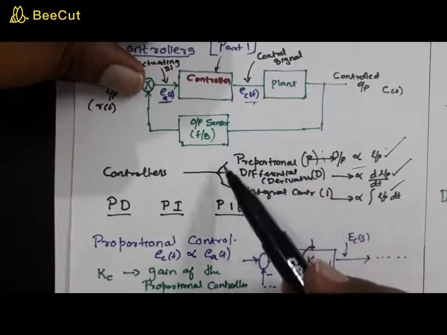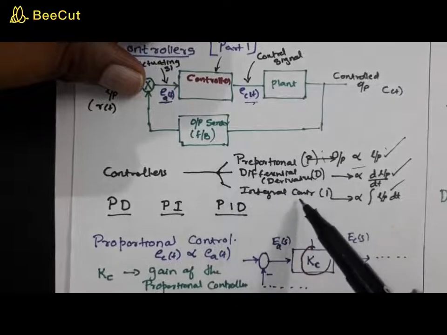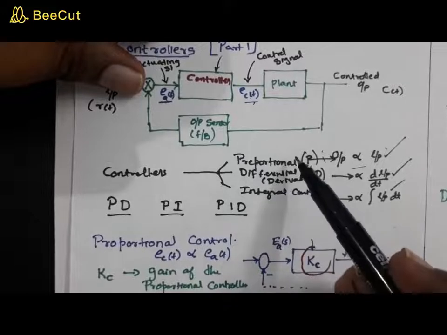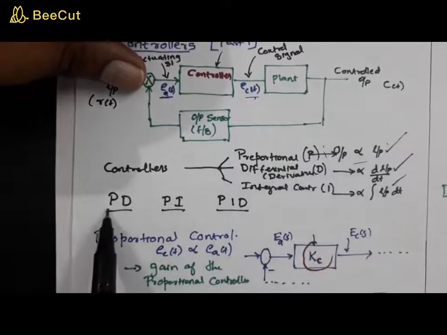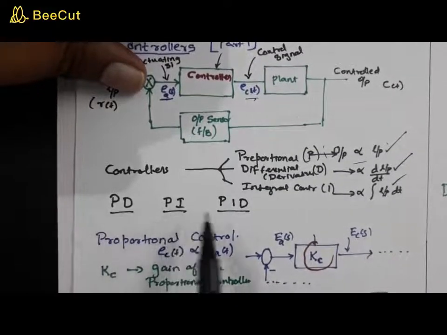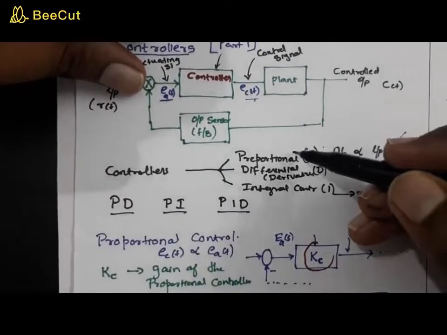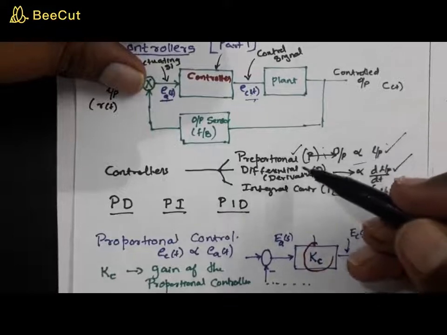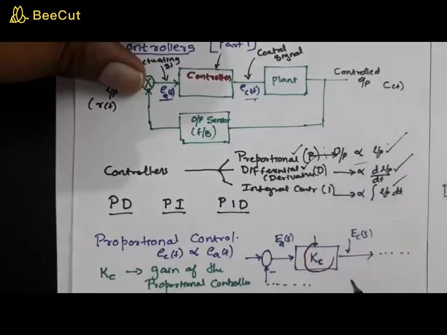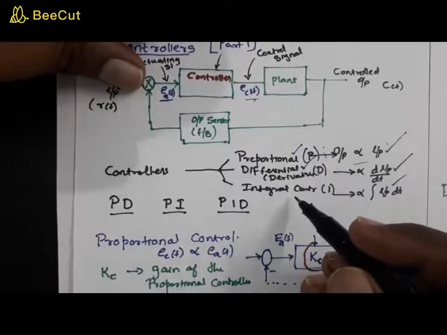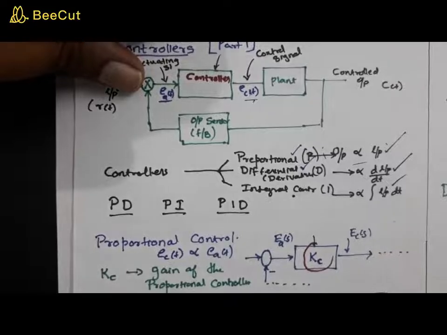These are the basic control actions, and you can have combinations of them, resulting in the PD controller, PI controller and PID controller. In the last video we saw the proportional controller and the differential controller. In this video, let's start with the integral controller.